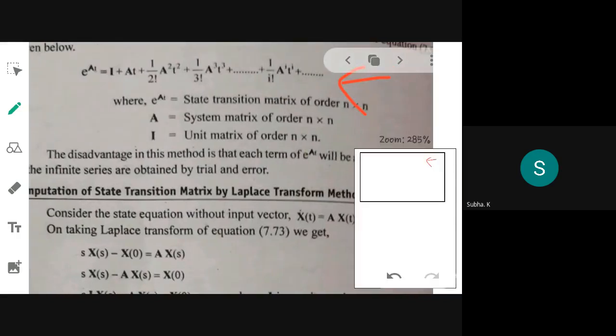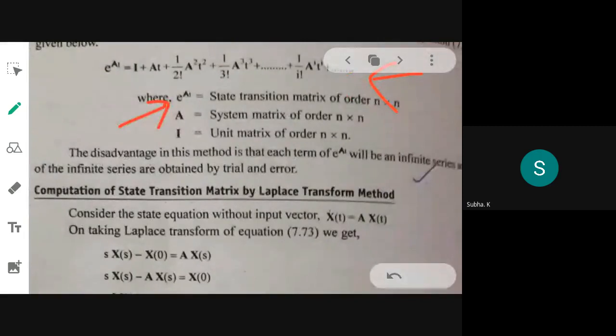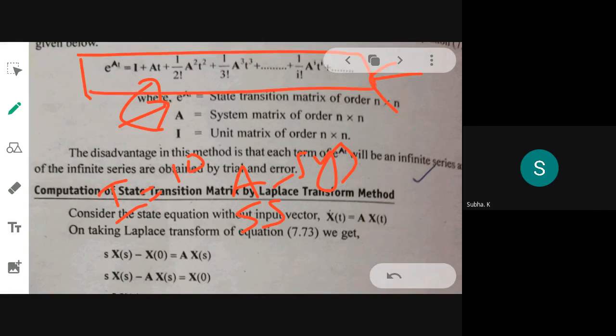So e power At is the one that you want to determine. In the problem they will give you A, the system matrix, or a state space model, from which you will substitute A in this formula. I as usual is the identity matrix or unit matrix. With this formula you will be able to calculate e power At using the matrix exponential method.